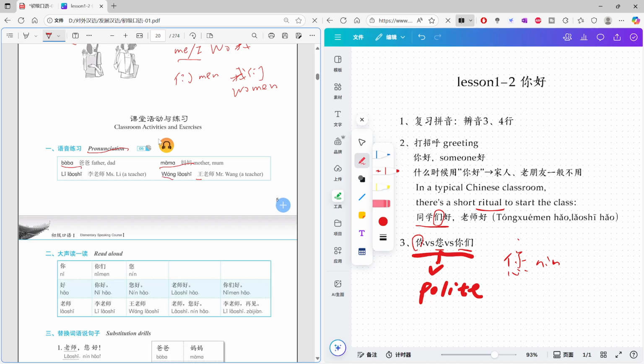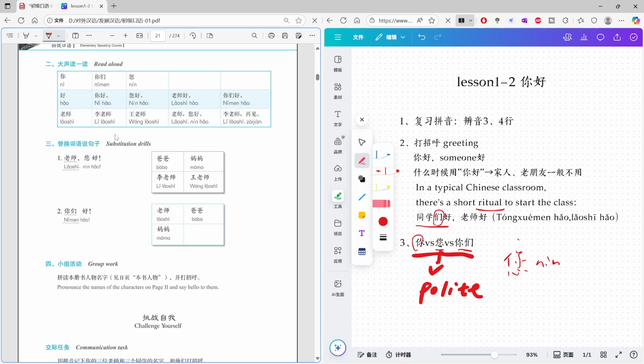Okay, 王老师. 老师 is teacher, and Wang and Li, they are all family names. Different from Western countries, in China the family name is always first. So not teacher Wang, it's Wang teacher and Li teacher. Family name always first. Yeah, please remember this. 李老师 and 王老师.